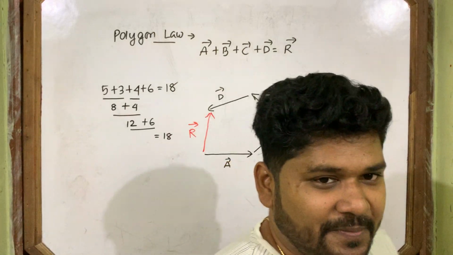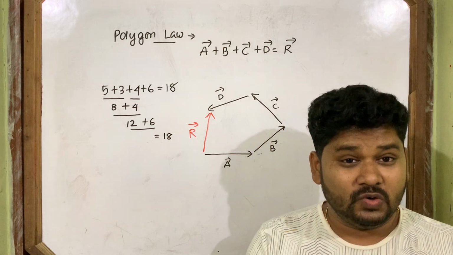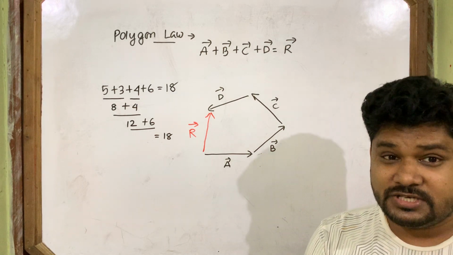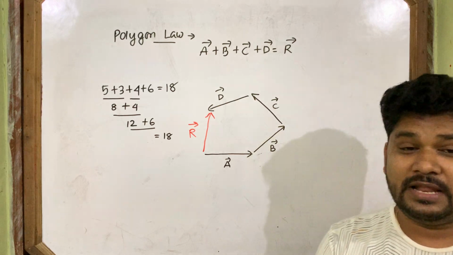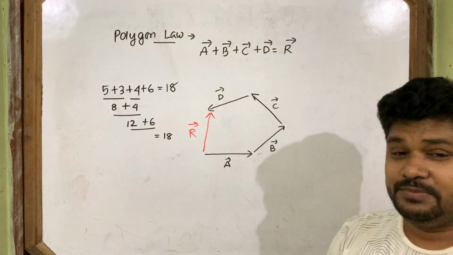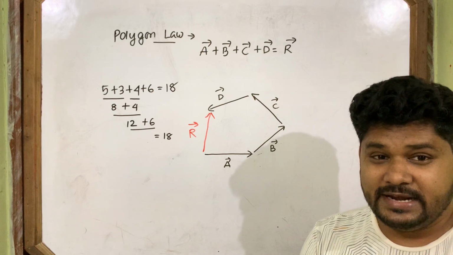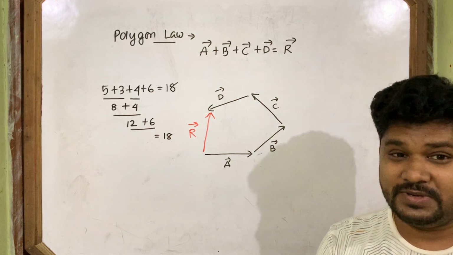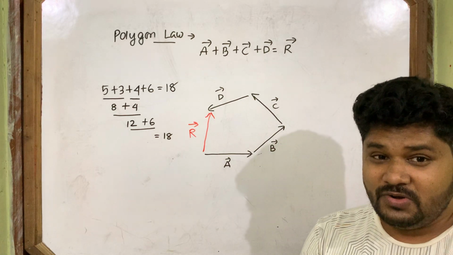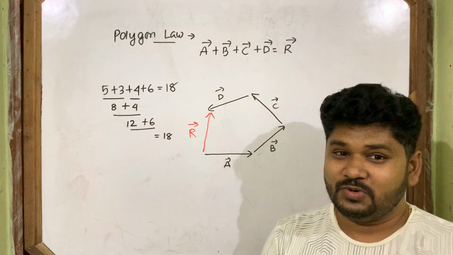Can you add the four numbers at a time? No. There is no such method, no such rule by which you can add four numbers at a time. You only know the addition of two numbers maximum, not more than that.